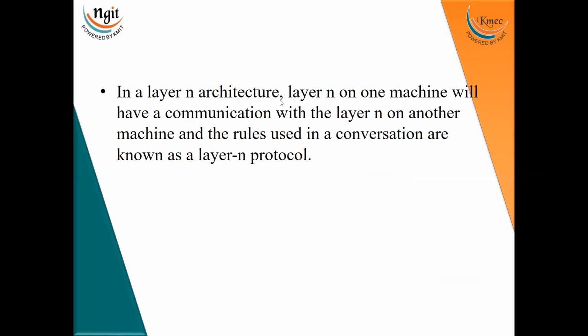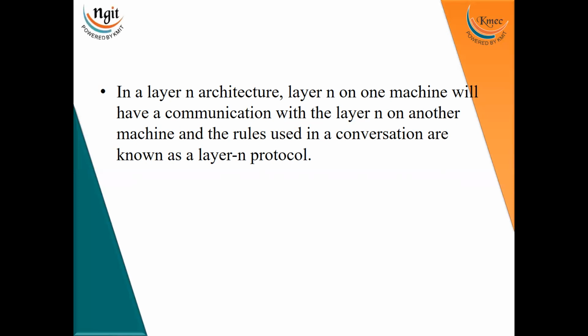In this layered architecture, we have layer N on one machine, and we have communication with the layer N on another machine. That means we have the nth position layer on one machine, and the nth position on another machine also. We have communication between this layer N and the layer N of the other system.